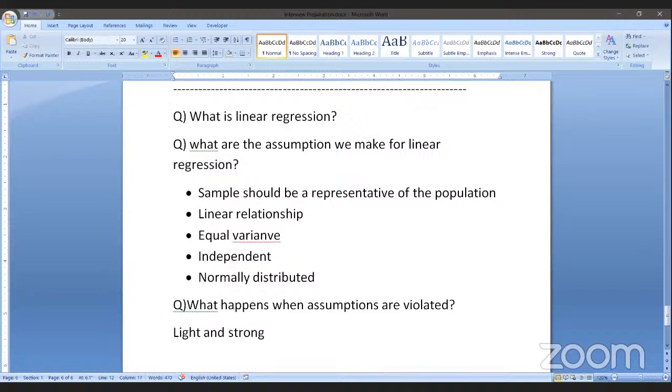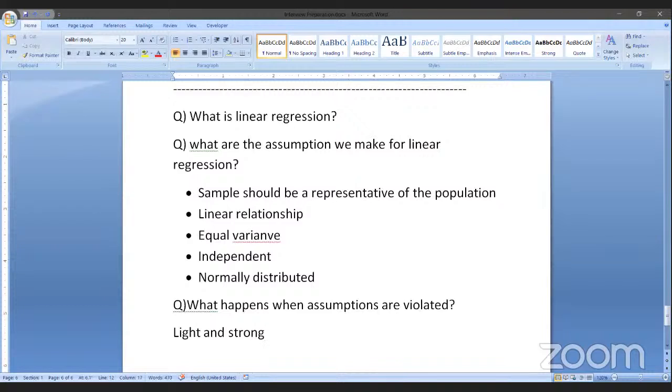Light violation means minor violations. We can tackle minor violations in the modeling part. But if majority of the data has violations, we cannot use this linear model.